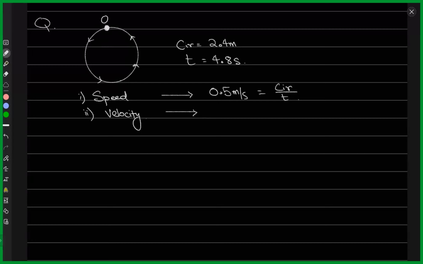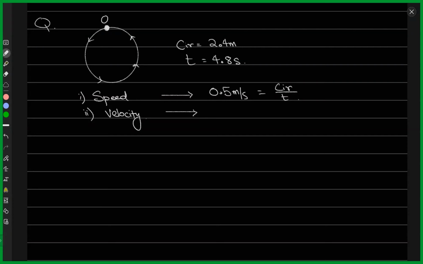Are you saying something? Velocity could be like this: 0.5 meters per second from the right hand side of the circle to the left hand side of the circle. Sorry, I cannot hear you properly.